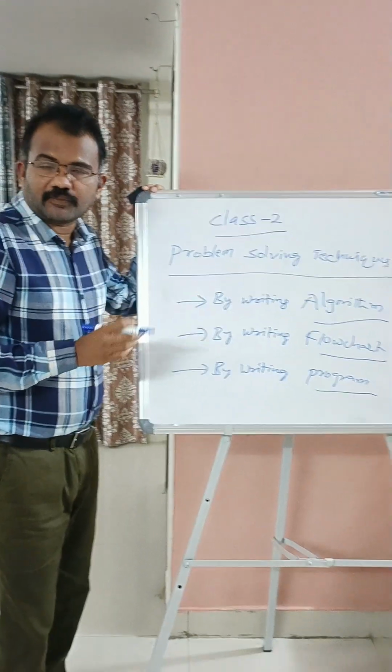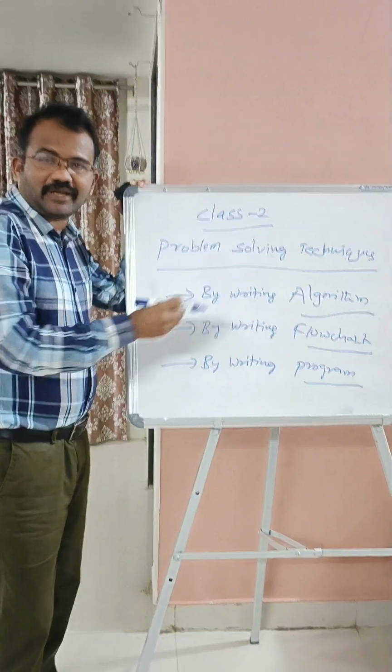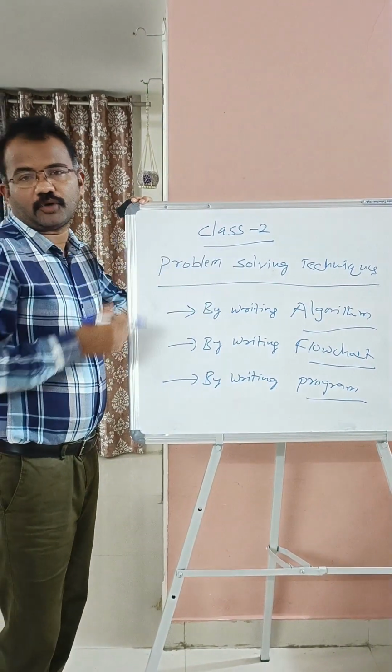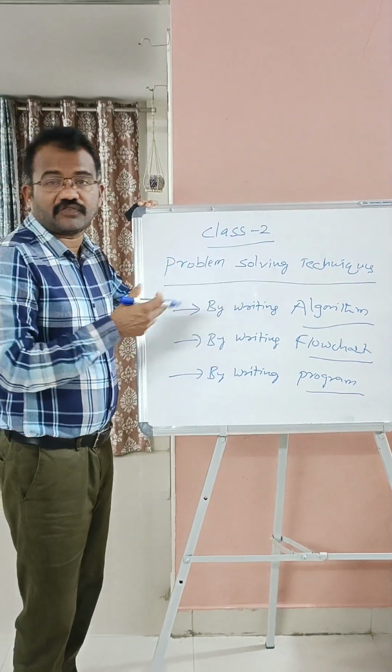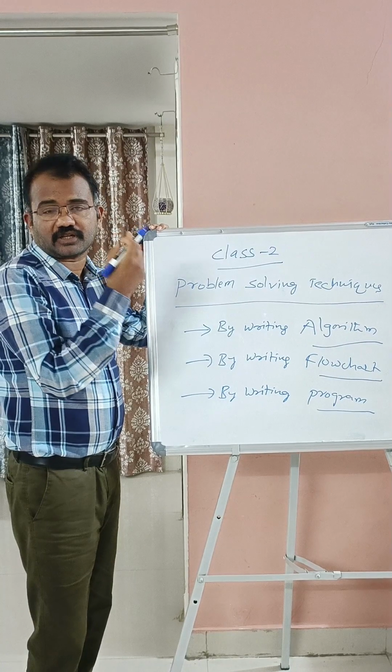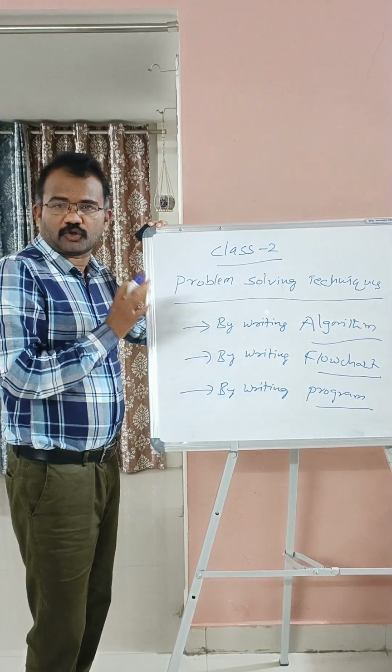So to solve a problem, we can write an algorithm or flowchart or program. Program means we have to use different programming languages, either C, Java, or Python, any programming language.